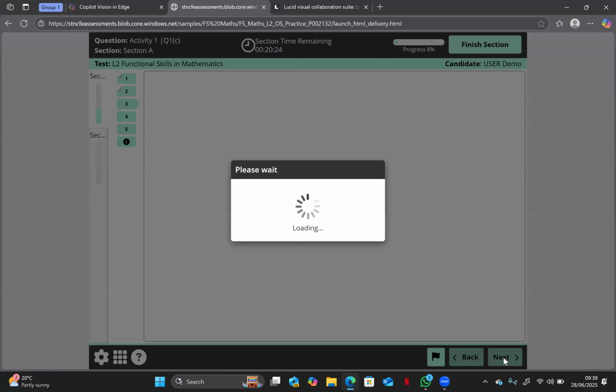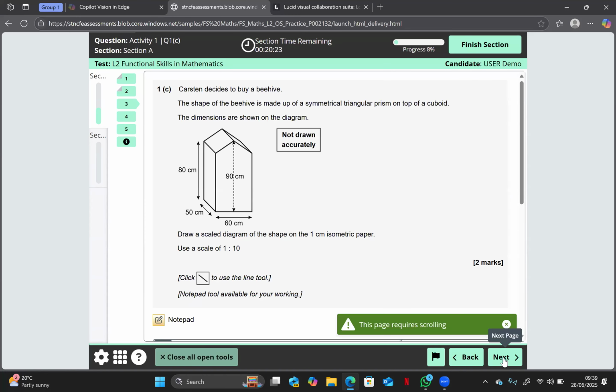Next one. Carson decides to buy a beehive. The shape of the beehive is made of a symmetrical triangular prism on top of a cuboid. The dimensions are shown below. Draw a scale diagram of the shape on the 1 centimeter paper.